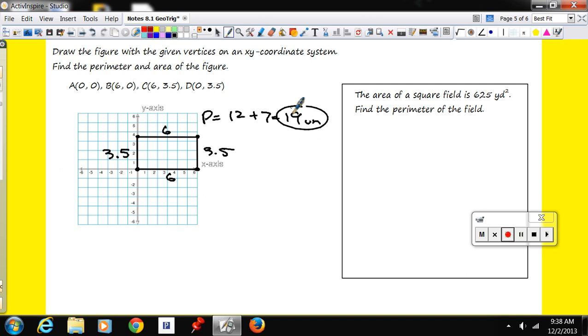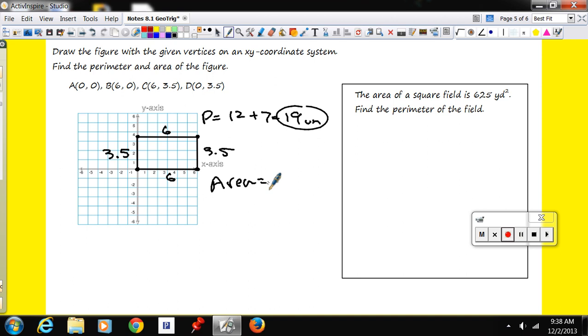Okay, let's go with Mahim. What's the area? It's not a square. Jose Ramos. 19.5?